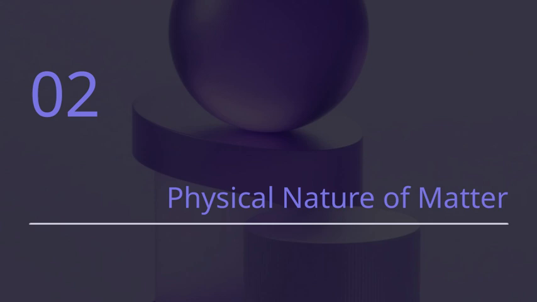Understanding this physical aspect helps explain why matter behaves the way it does, why solids keep their shape, liquids flow, and gases expand to fill their containers. Recognizing the physical nature of matter is fundamental because it connects to how substances interact, change states, and respond to different conditions. This sets the foundation for more complex concepts we'll explore later in the presentation.